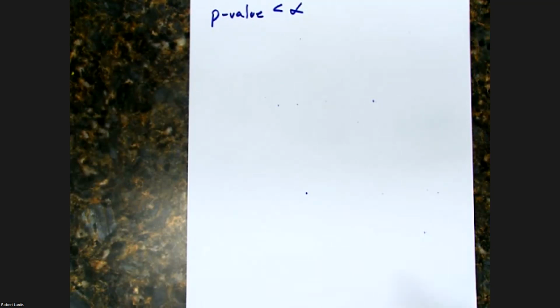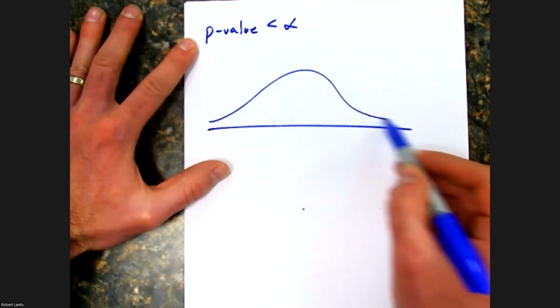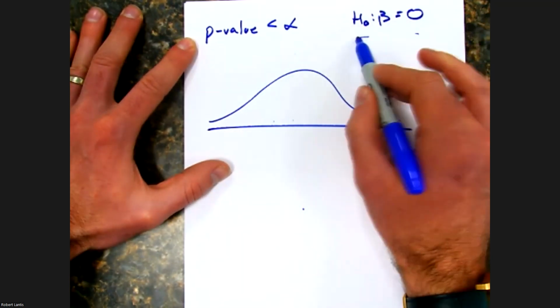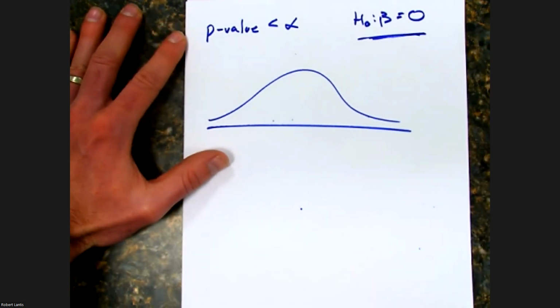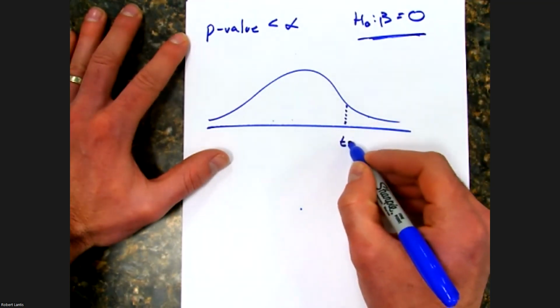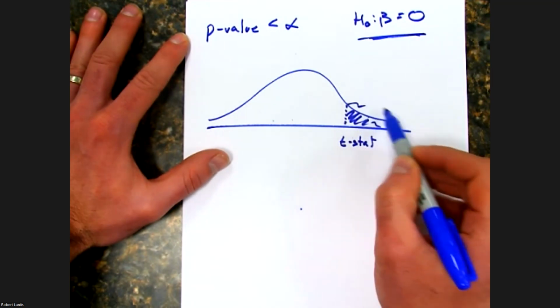But where does that p-value really come from? Remember, we're always starting out assuming that these slopes are equal to 0, that there's no relationship between our x and y variable. We're going to find some sample evidence, and it's going to equate to some test statistic. We would then look for the area to the right.